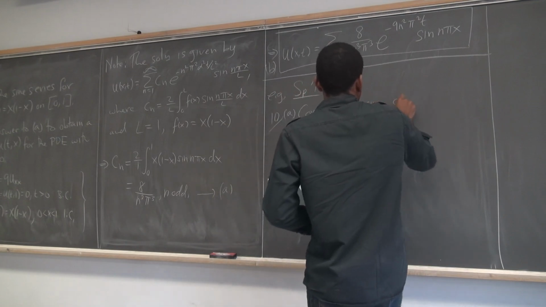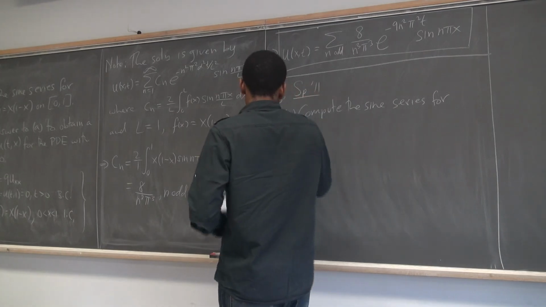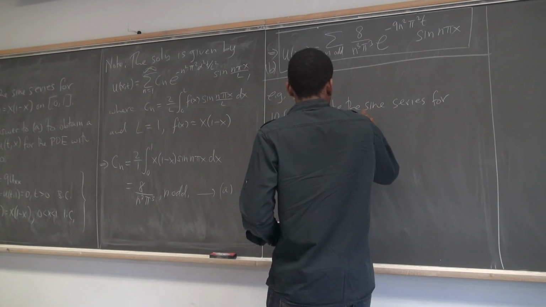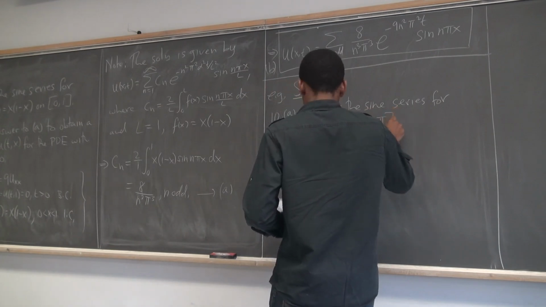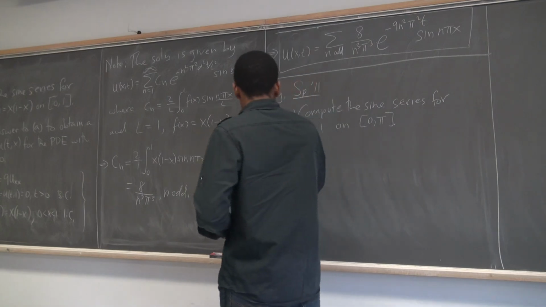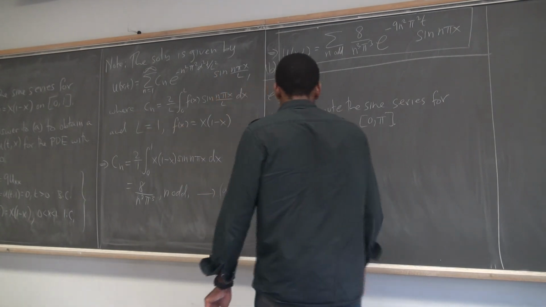Part A said compute the sine series for, going easy on us, f of x equals 1 on the interval 0 to pi. And then part B says pretty much exactly the same wording, they just changed the function.